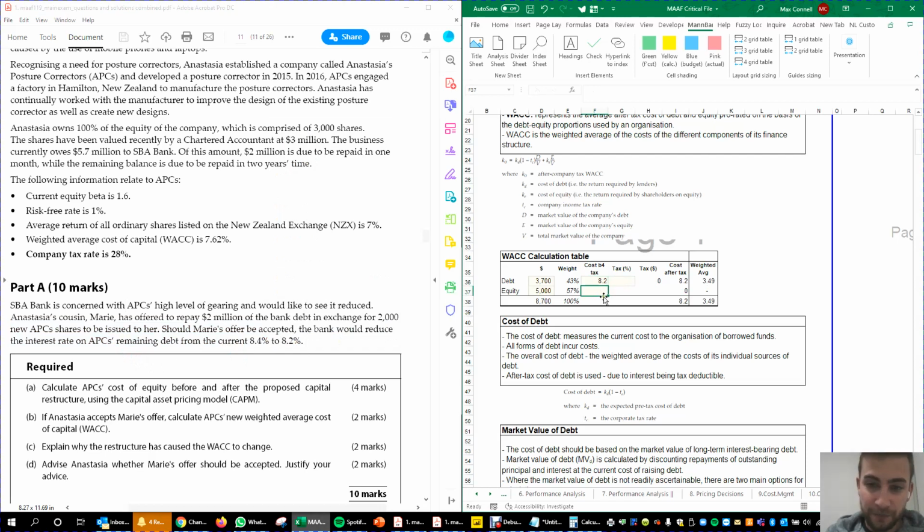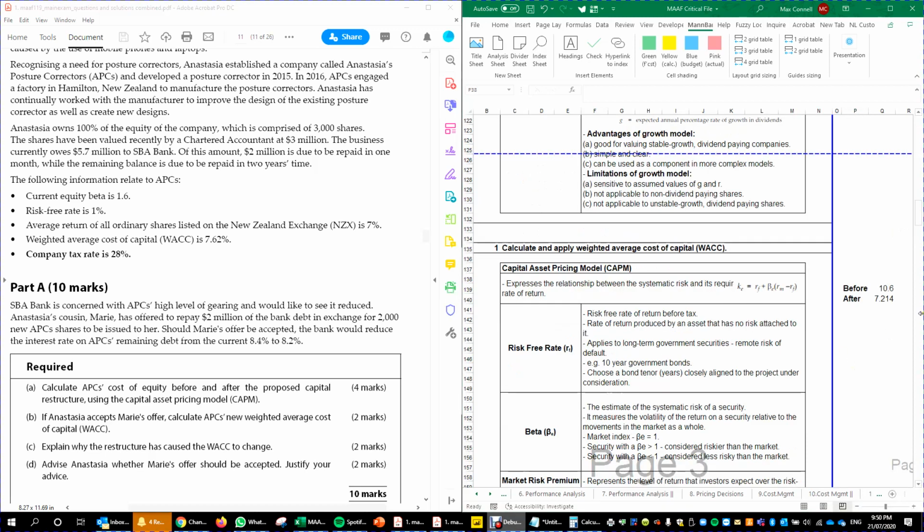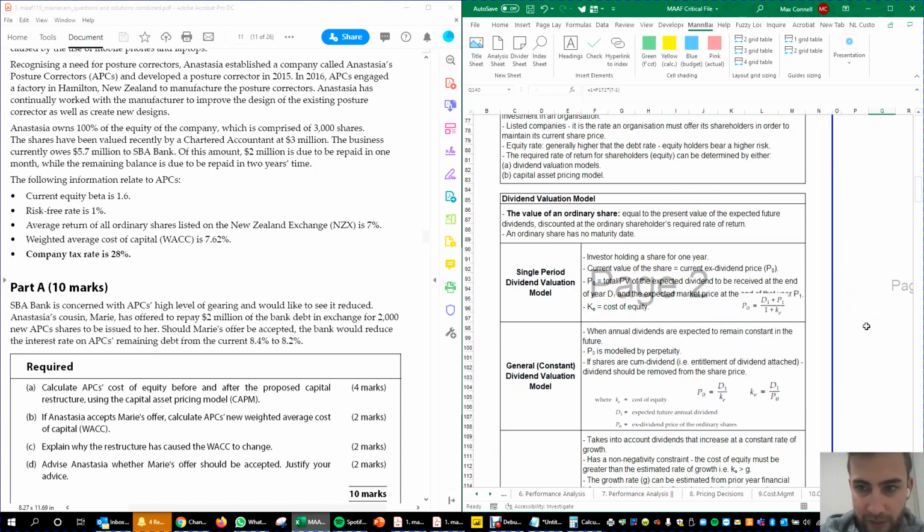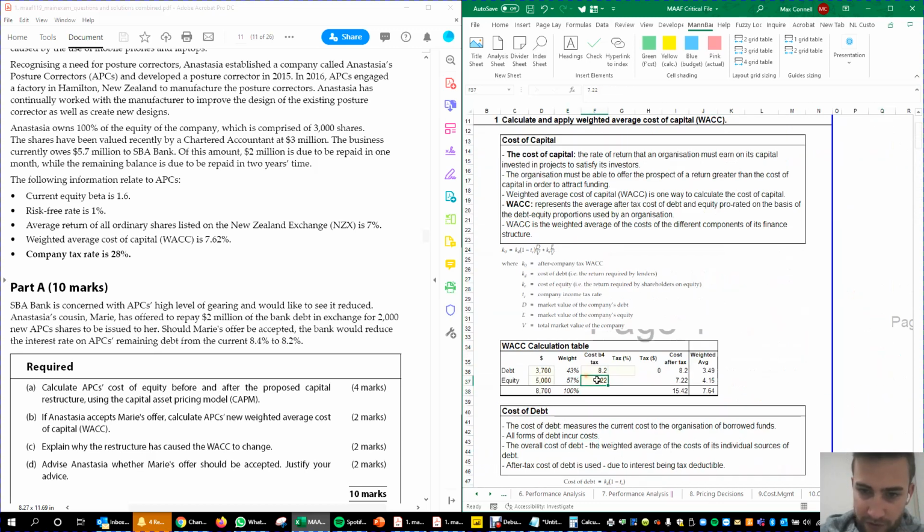And then for the cost of equity, we're going to put the 7.22% amount in here. Now remember, we calculated the 7.22 from question A. That's the cost of equity using the CAPM model after the restructure. So we're flowing through that amount from before. Tax rate's 28%.